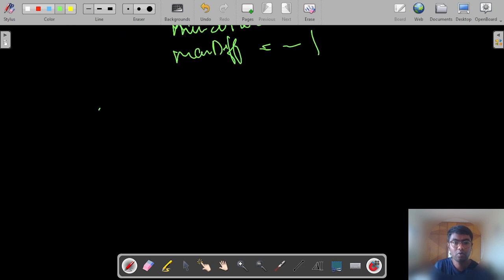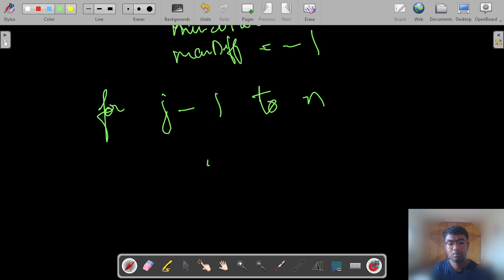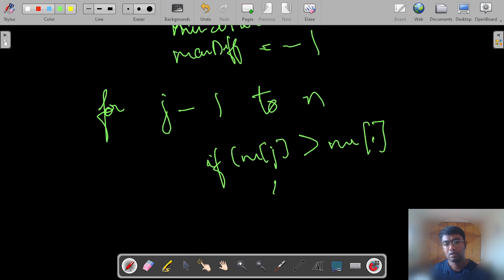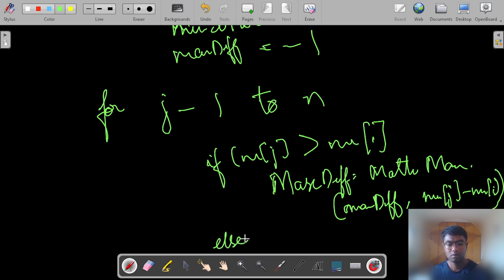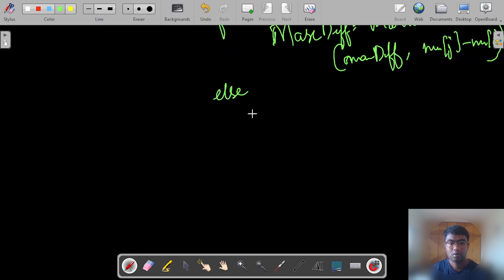We can have only one for loop where j runs from 1 to n, and we check if nums of j is greater than the minimum so far, then we calculate max difference equals Math.max between max difference or nums of j minus the minimum element. Else, the min element so far will be equal to nums of j, right?